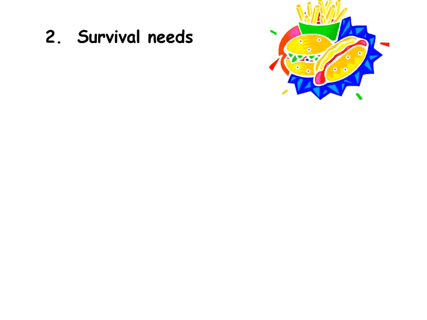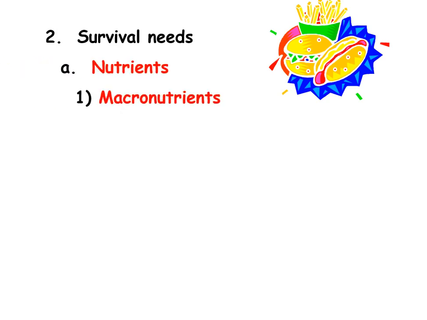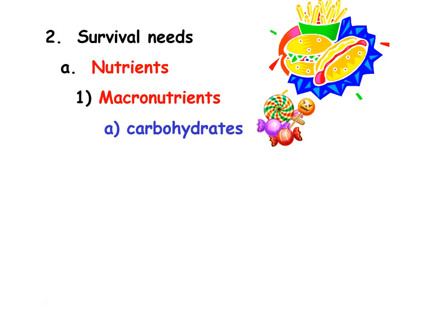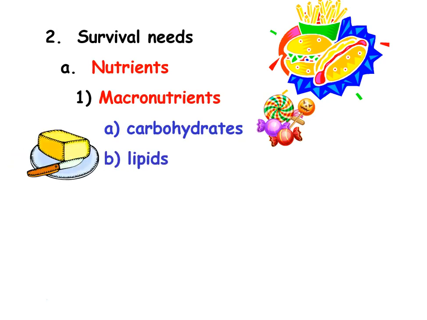Living things also have survival needs. These are hints. One survival need is nutrients. There are macronutrients. There are 4 major macronutrients that humans need. Carbohydrates, or we consider those sweets. Fats, or lipids, like butter.